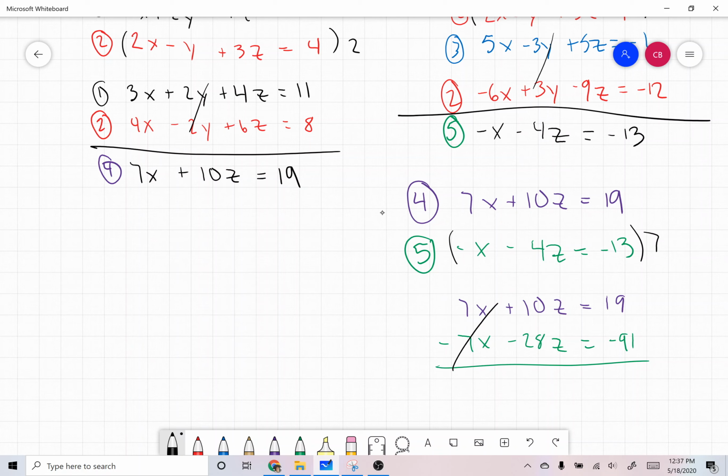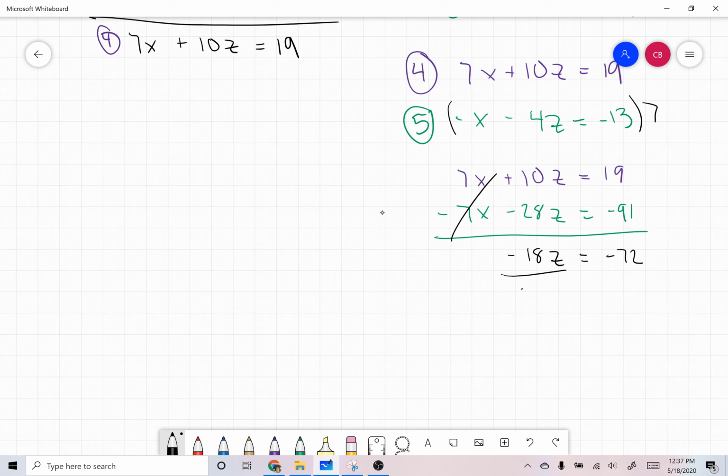This is 0. This is negative 18z is equal to negative 91 plus 19, negative 72. Okay, so we divide by negative 18. And we get z is equal to 4. Okay, so we've got z is equal to 4 now.